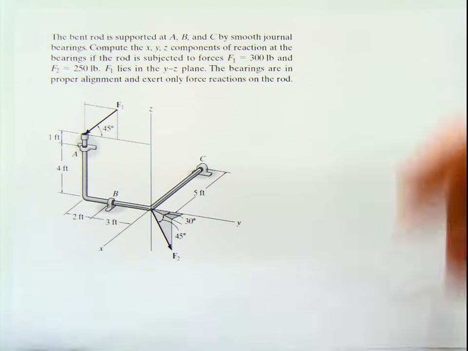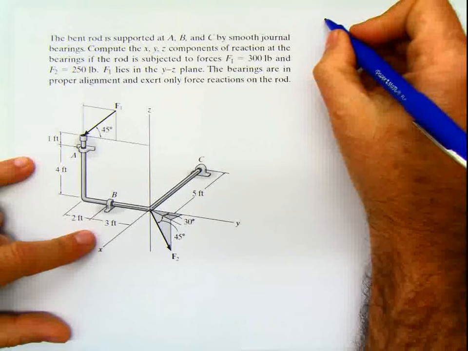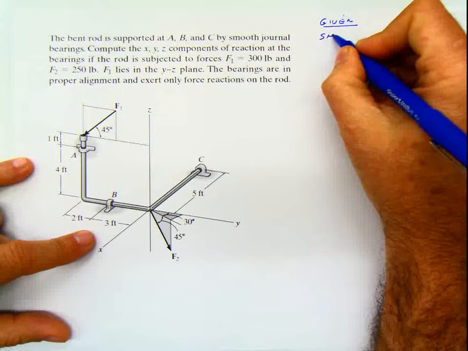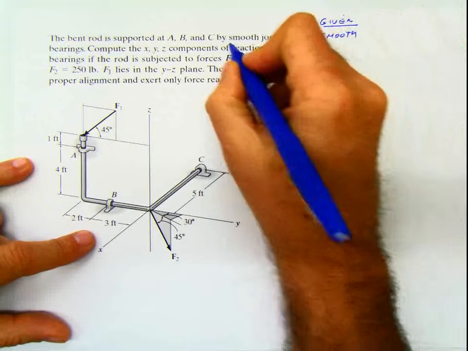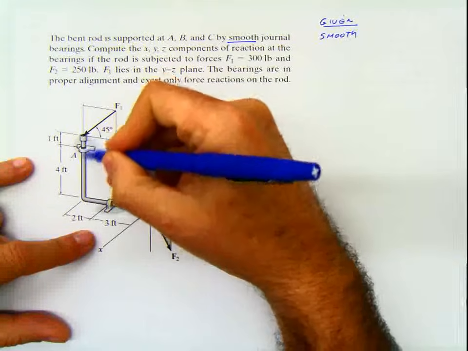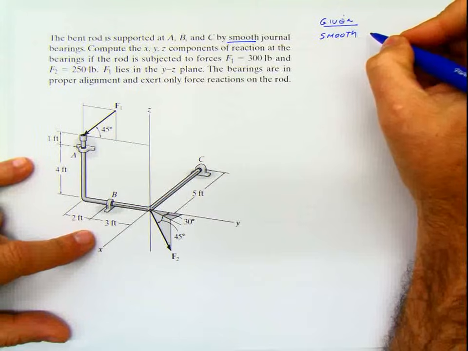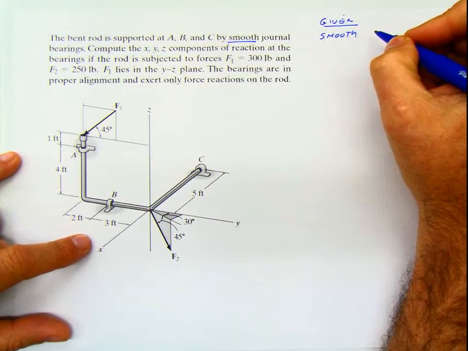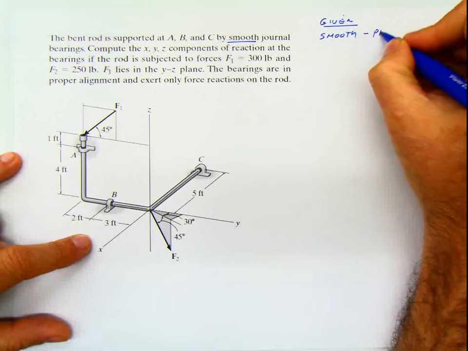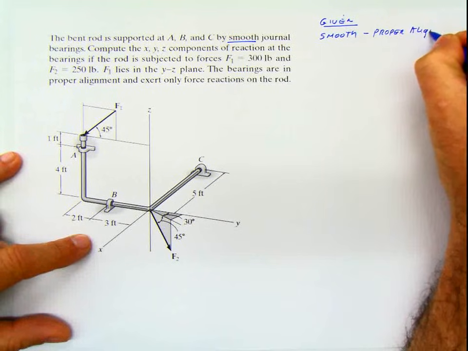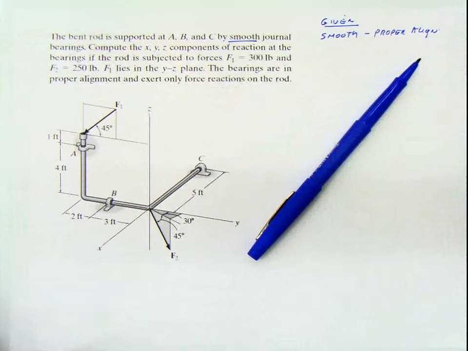Okay, what do we have? What do we know about this problem? First, it says that it's smooth, meaning it can slide in that direction. And then it says properly aligned. And this is really important, that part that says proper.